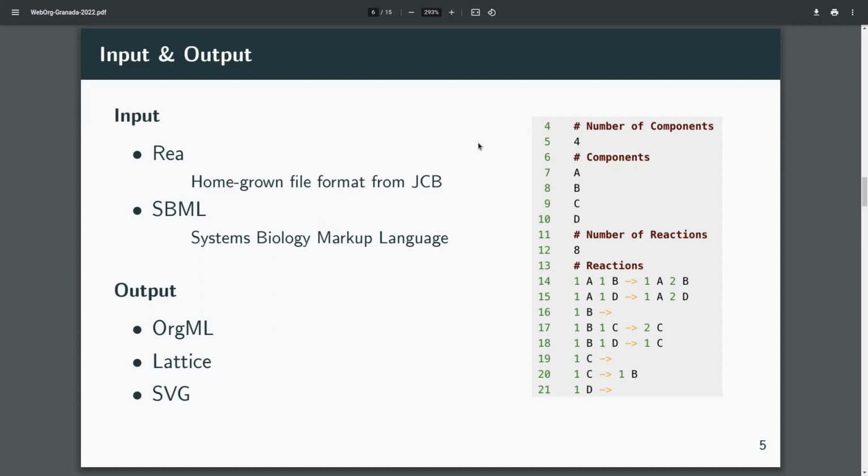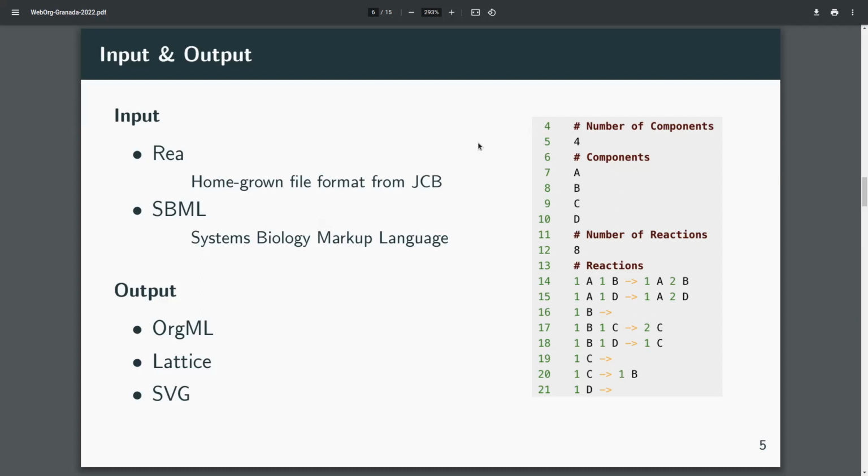So REA is a homegrown, human-readable file format for reaction networks from Jena, and SBML is the systems biology markup language, which can also be used to present or to write down reaction networks or pathways or maybe other systems.